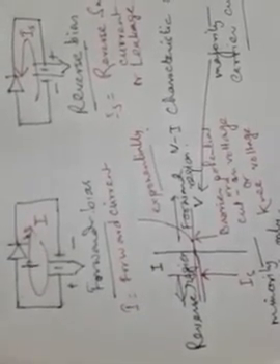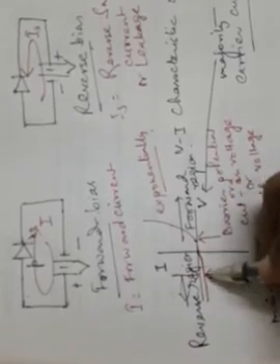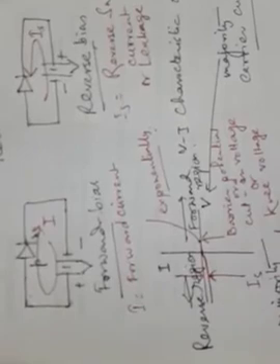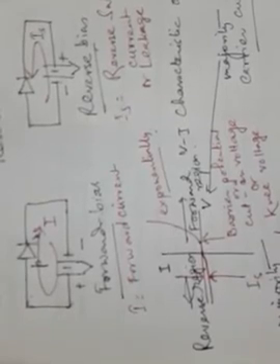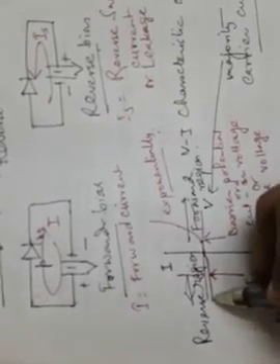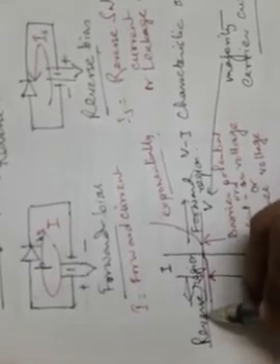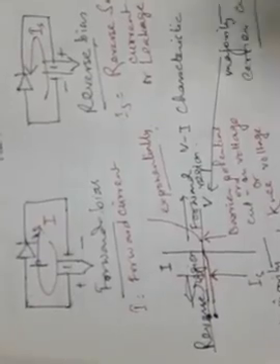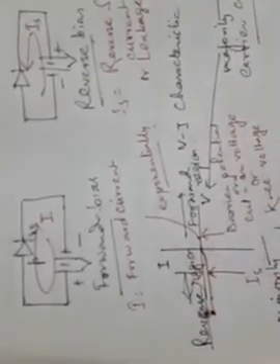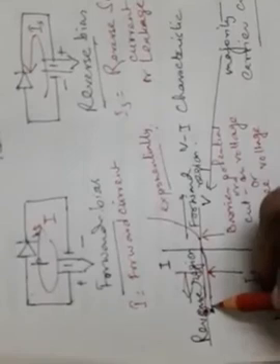And one thing, as you go on increasing the reverse bias, the reverse current is very small because of the flow of minority carriers only, and no majority carriers contribute. But after a certain voltage is reached, suppose at this voltage here, it is observed that the current suddenly rises sharply in the negative direction.